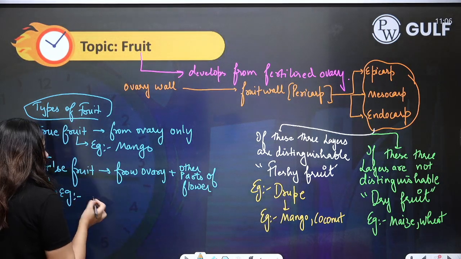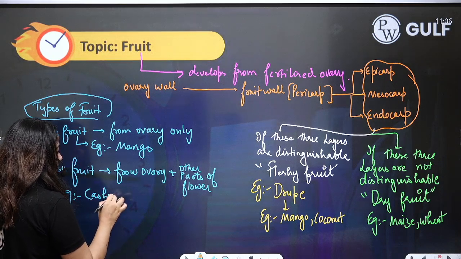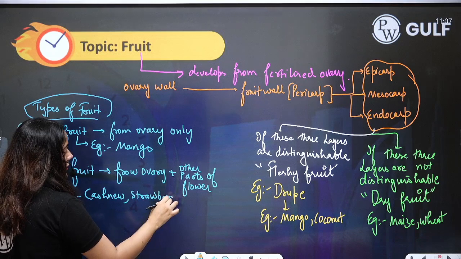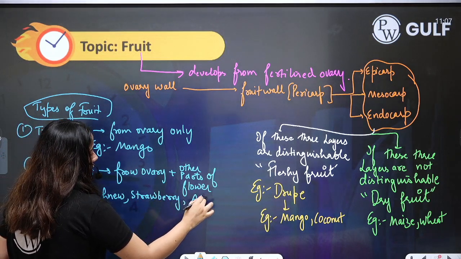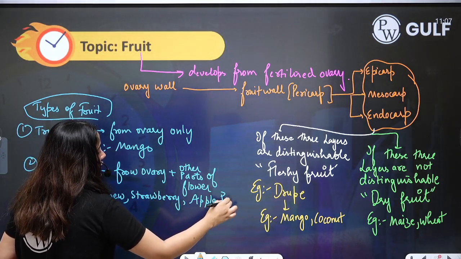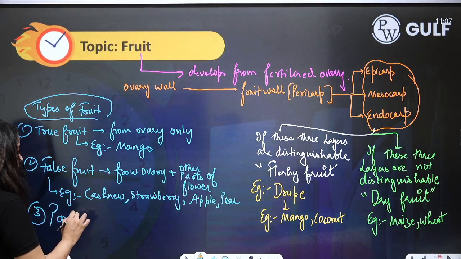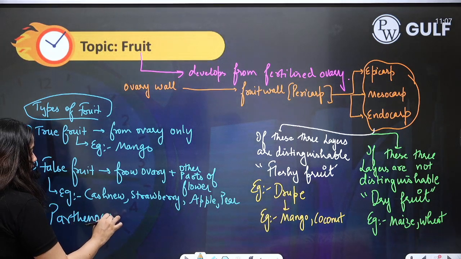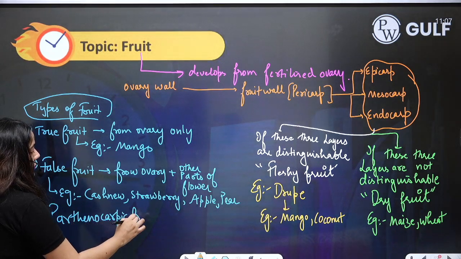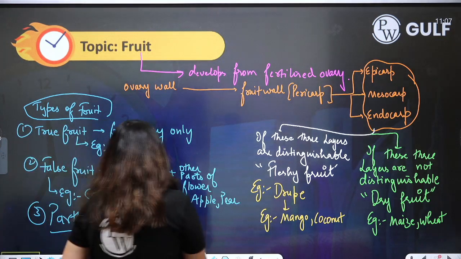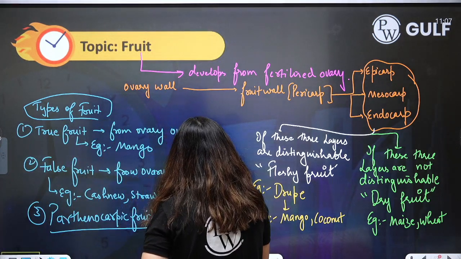Example, cashew nut, strawberry, apple, pear. So all these fruits are false fruit. Third is parthenocarpic fruit, which develops from unfertilized ovary.